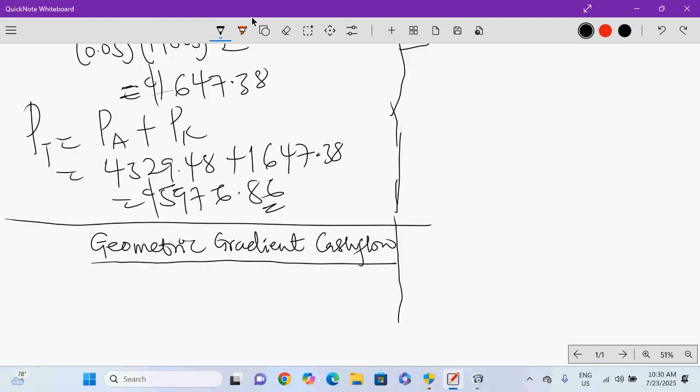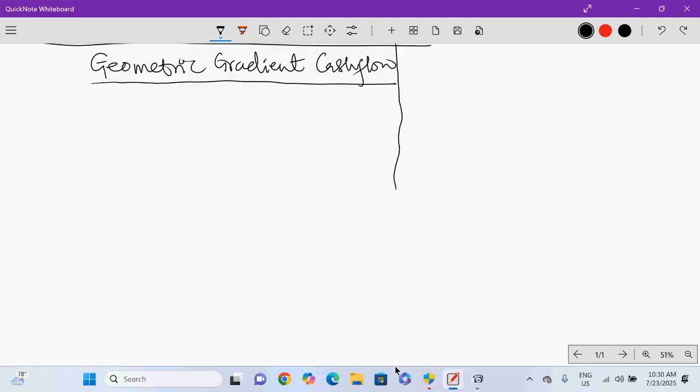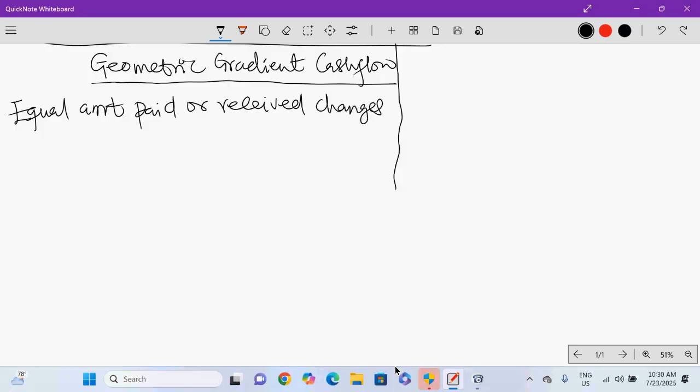All right. So if no question, then we proceed with a geometric gradient cash flow. With a geometric gradient cash flow, the equal amount paid or received changes by a constant rate or percentage.